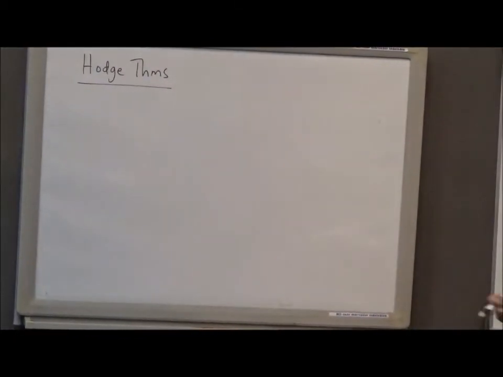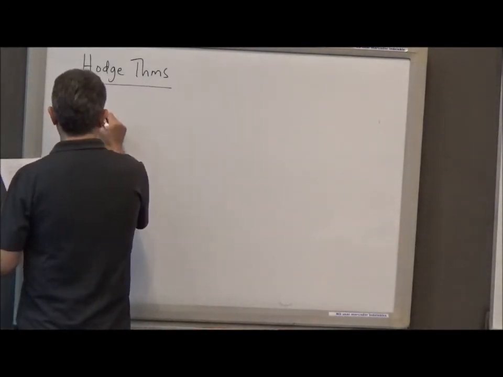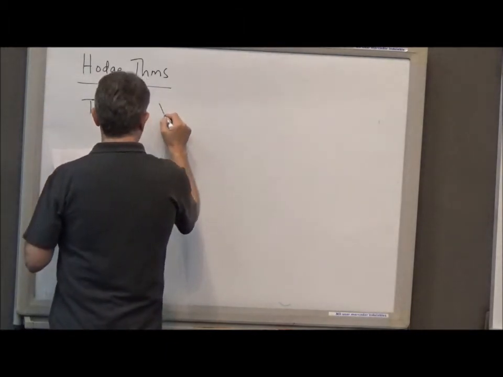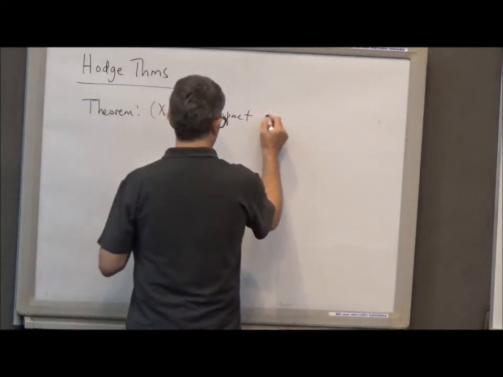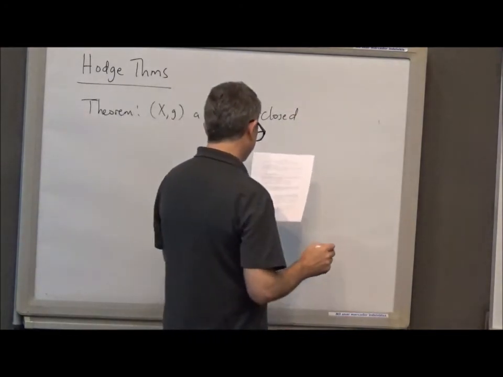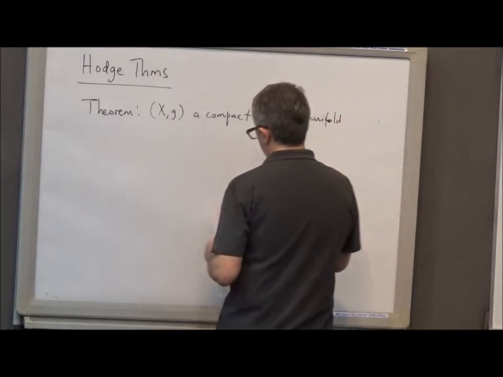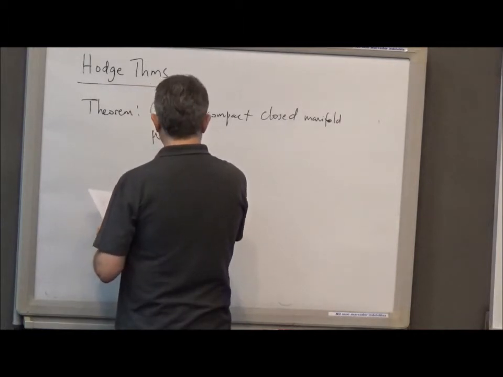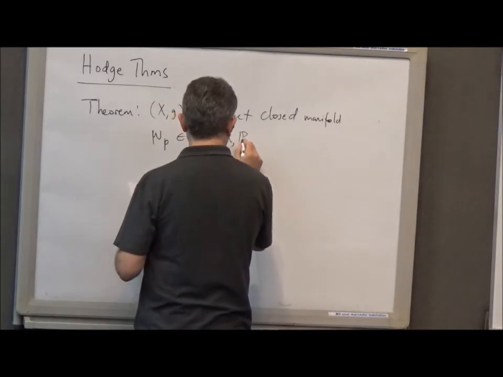So the theorem is the following one. Let X be a compact, closed, Riemannian manifold, and omega p a p-form, and I'll take it to be real just to save myself some bother again.